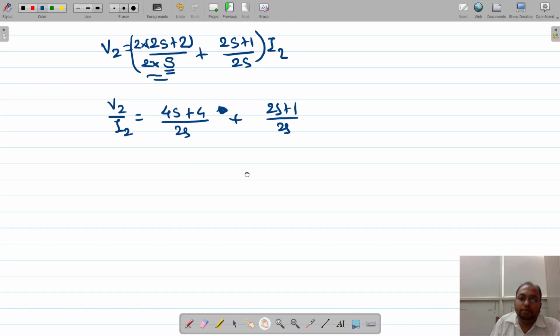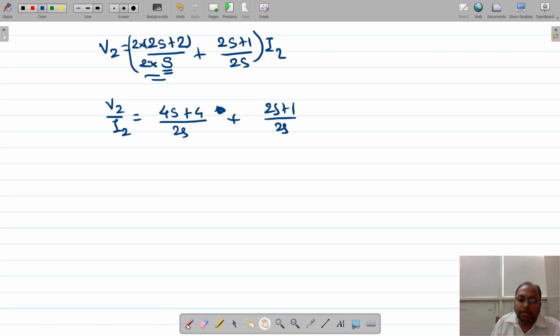Now as their denominators are common, I can directly write the numerators together: 4s plus 4 plus 2s plus 1, divided by 2s.